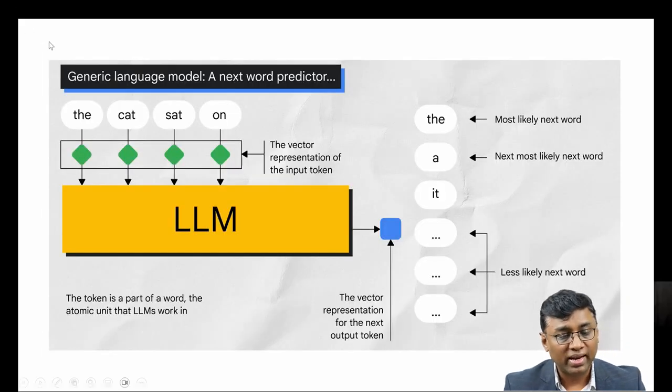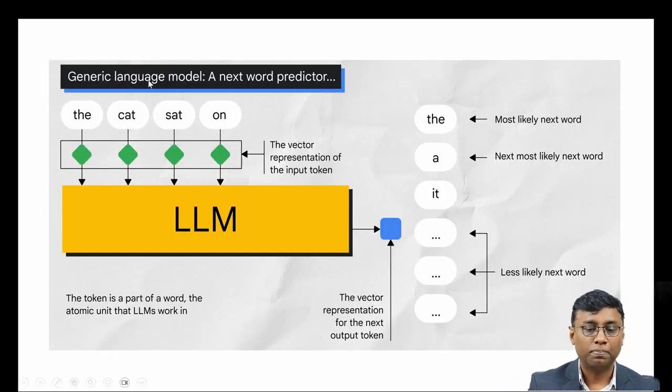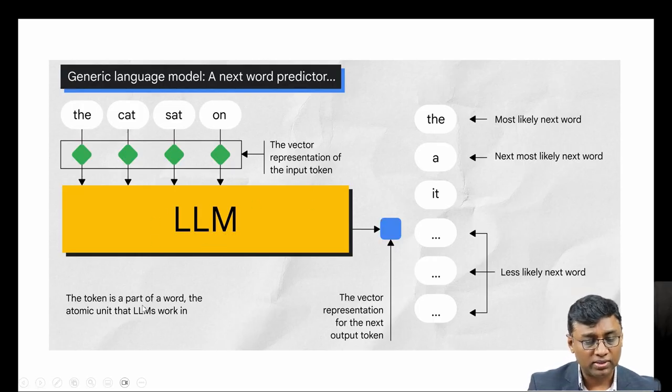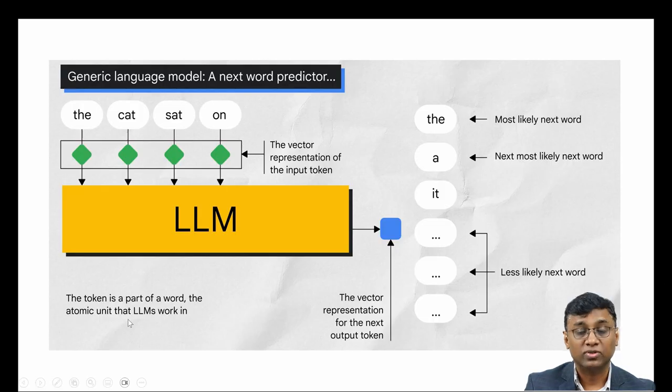When you look at the generic language model, how is the next word predicted? For example, we have a sentence, "the cat sat on." What's next? For each of these words, there's a vector representation, which is called the input token. That's fed into the LLM, and the token is part of a word, the atomic unit that the LLM works on.